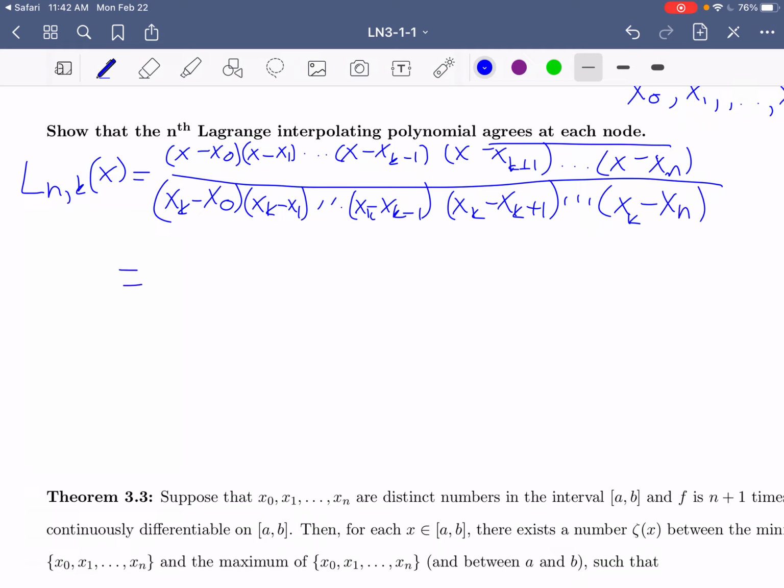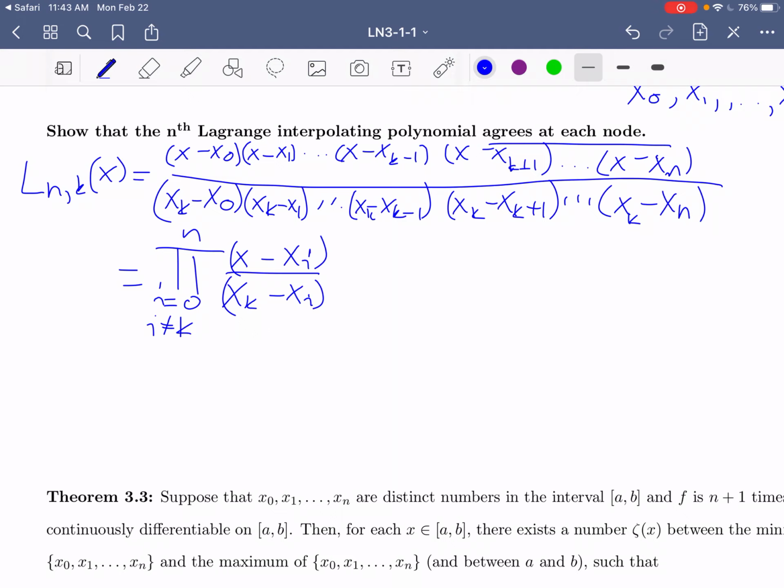Notationally, we could write this as a product over i equals 0 to n of x minus x sub i over x sub k minus x sub i, where i is not equal to k. So we're going to jump over the kth value, but otherwise it's that product.